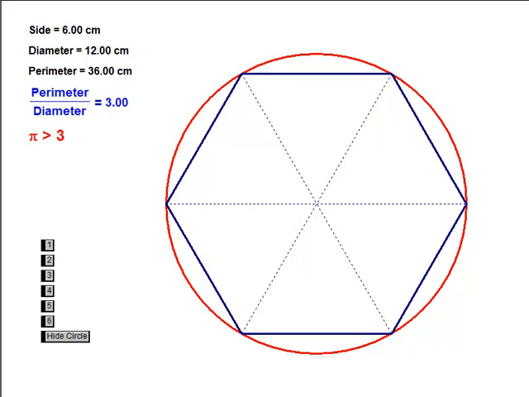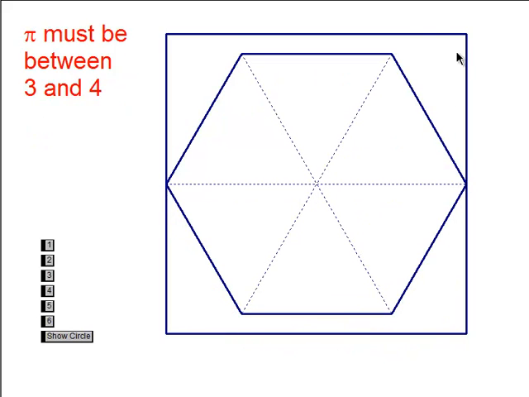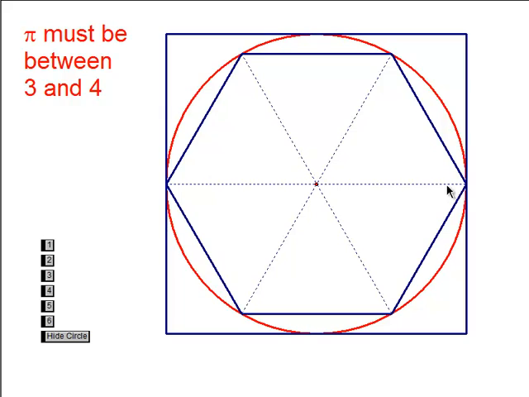So now we have a square, which is sort of an outer limit, and a hexagon, which is an inner limit. A circle with that same diameter is going to be something greater than the hexagon, something less than the square.